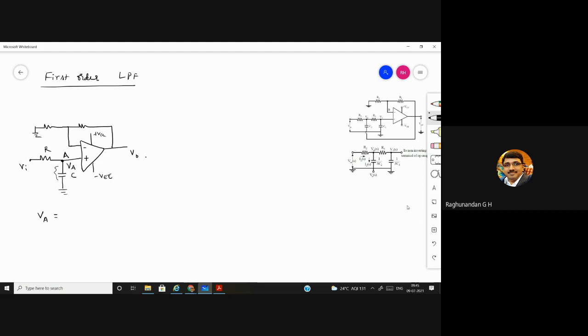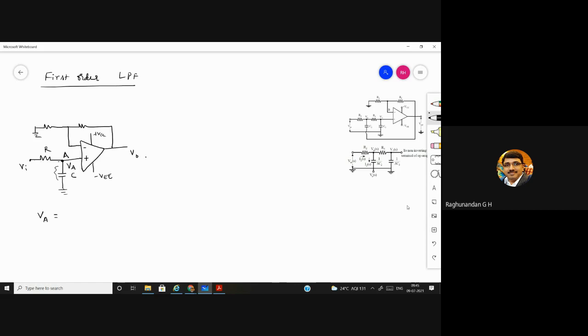Let's take this as VA, because we are taking the potential difference, and we are not going to get the exact value of VA. But when you take it across this, it will be VA minus 0. So that's why the voltage across the capacitor will be the voltage applied to the non-inverting terminal.